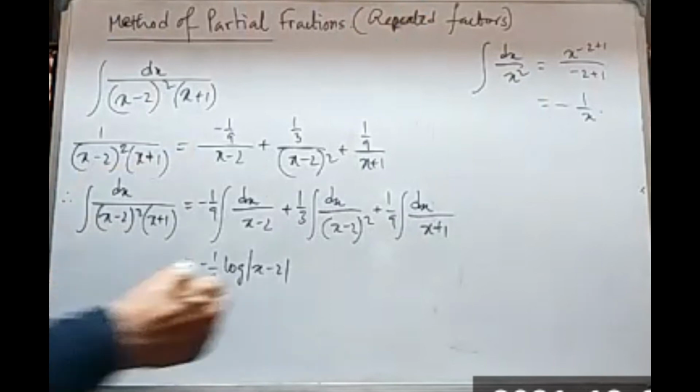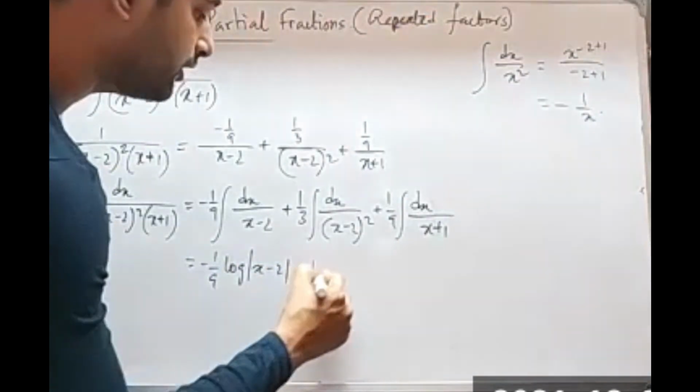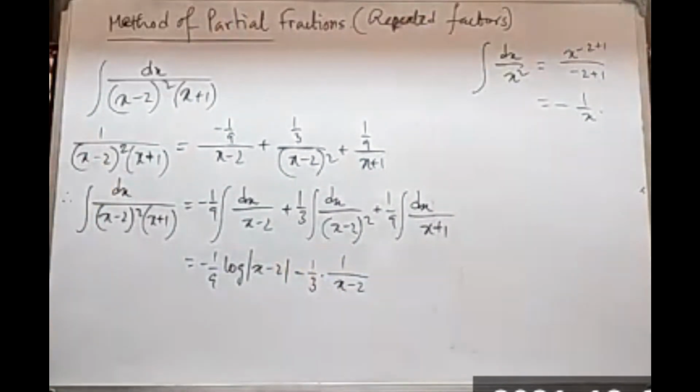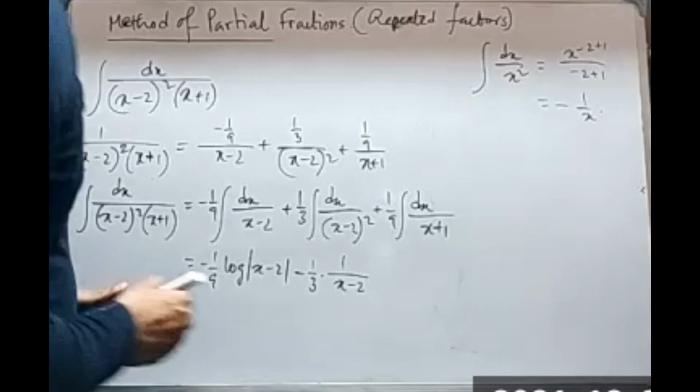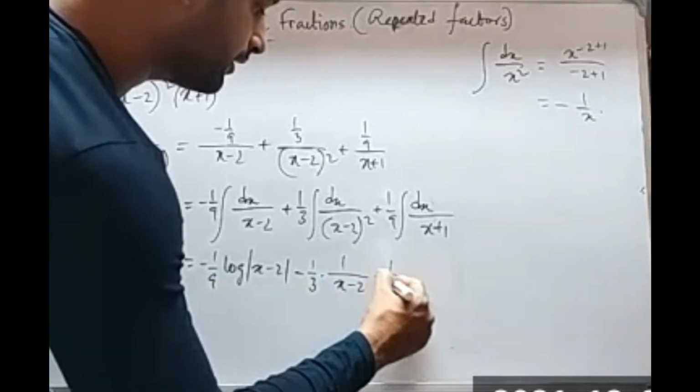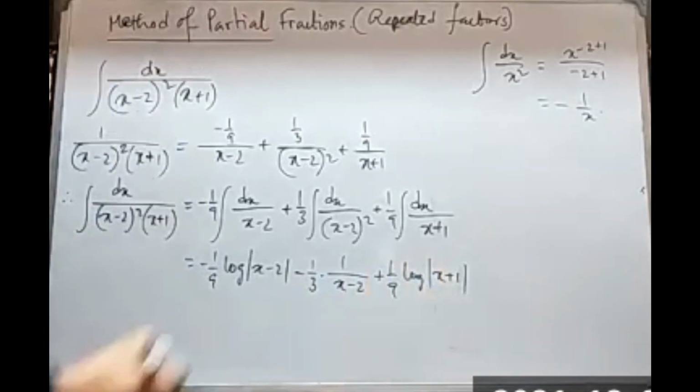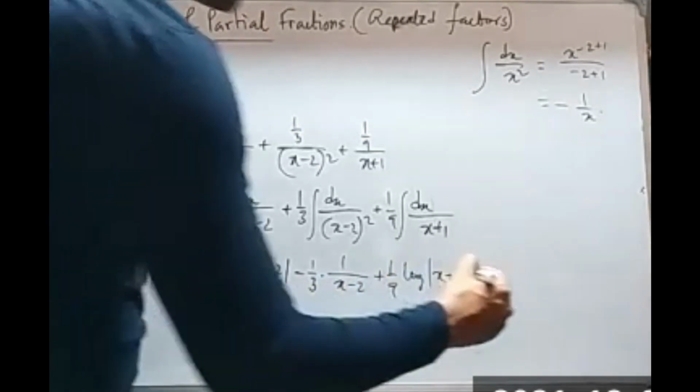So here it should be minus 1 by 3 into 1 by (x minus 2). Just instead of x, we are putting x minus 2. And here it is 1 by 9 log mod (x plus 1). Then the integrating factor.